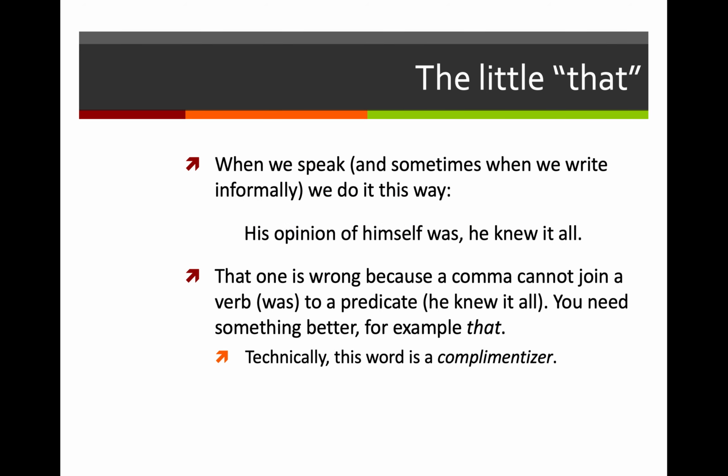When we speak, sometimes we do it informally this way, and people who write it this way are trying to reproduce the rhythms of speech. Maybe put a little pause and a sigh in there. His opinion of himself was, he knew it all. Well, for one thing, commas are not breathing marks, at least not in writing. A comma doesn't join things, a comma separates things. You need something else. You need the word that. Technically, this thing is called a complementizer.